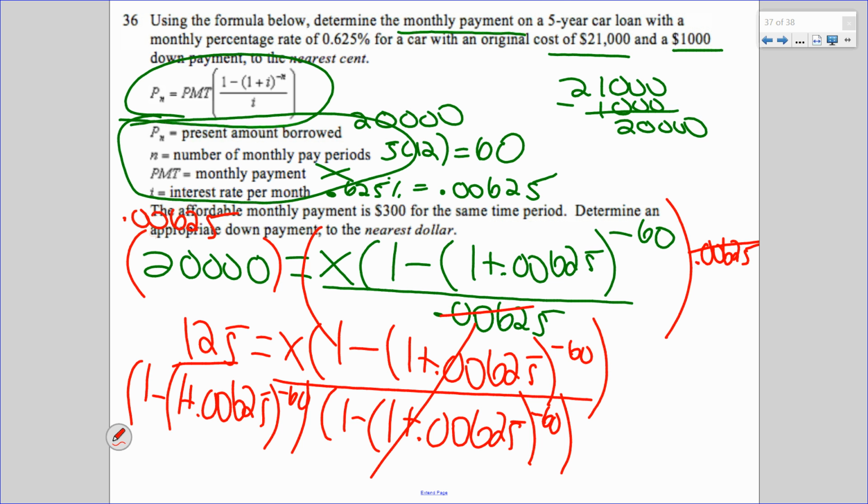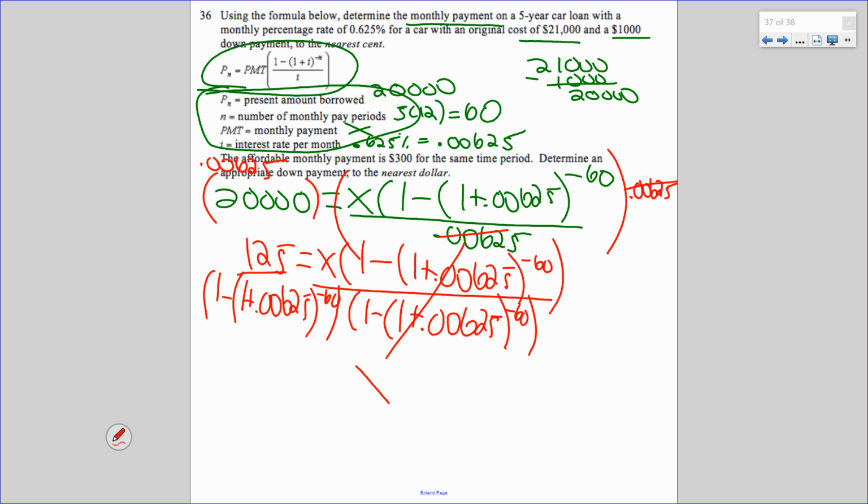And I got X equal to, to the nearest cent, $400.76. Does that sound about right for a monthly payment? Yeah, that sounds right.